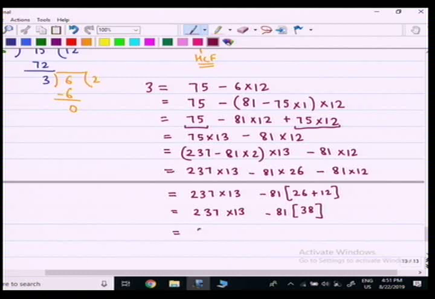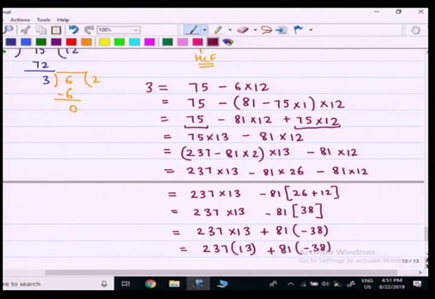And we can write it like this also: 237 into 13, taking this minus sign inside the bracket, plus 81 times minus 38. So here we have written 237 times 13 plus 81 times minus 38.